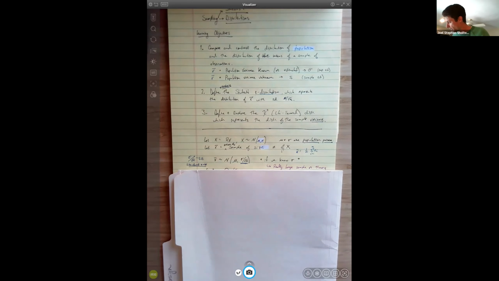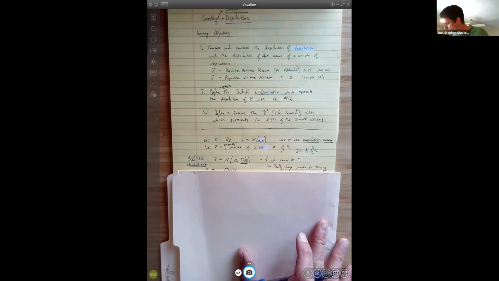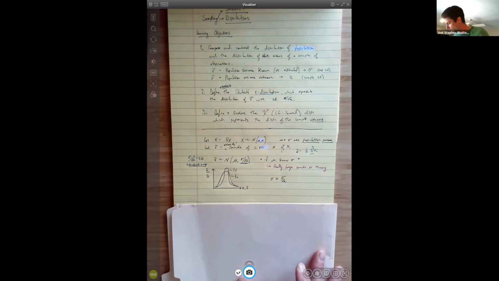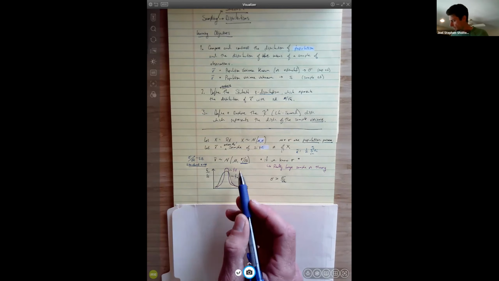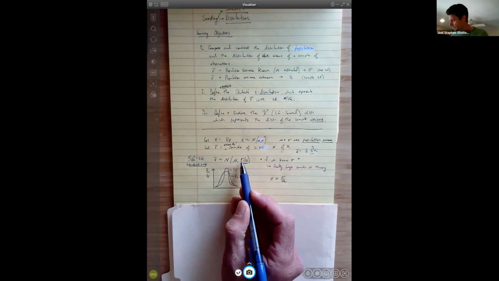So what does this tell us? Well, if this black curve is our distribution of X, the original thing that we're sampling, the distribution of X bar in purple is going to be narrower because it has a smaller standard deviation. The original standard deviation is sigma.